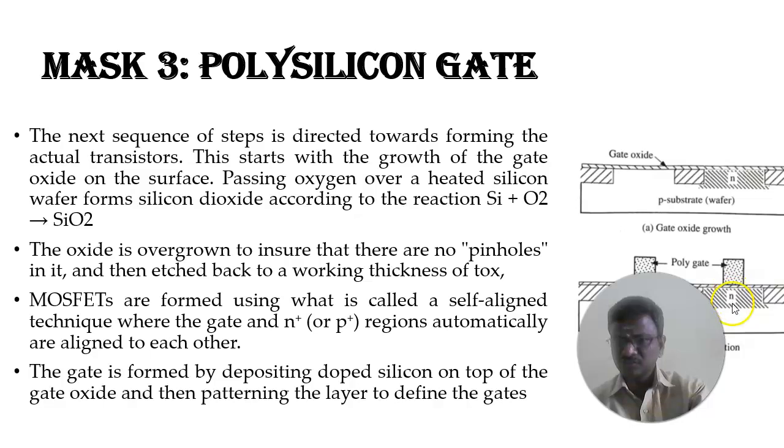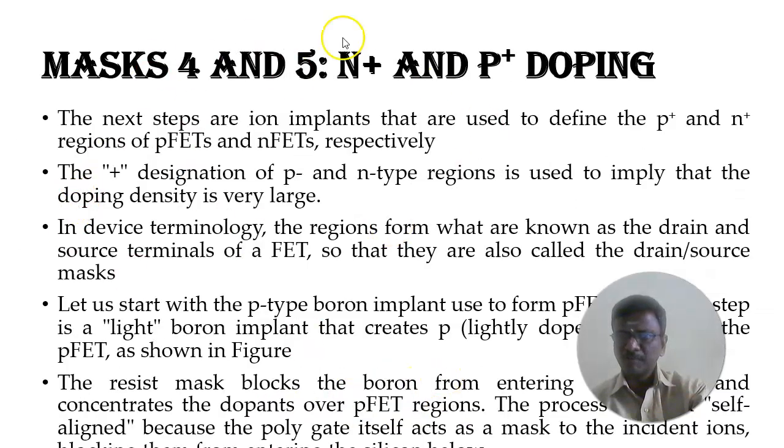In the N-well one polysilicon gate is inserted, and here we are inserting another polysilicon gate by the etching process. So the gate is formed by depositing doped silicon on top of the gate oxide and patterning the layer to define the gates. This is the actual formation of it.